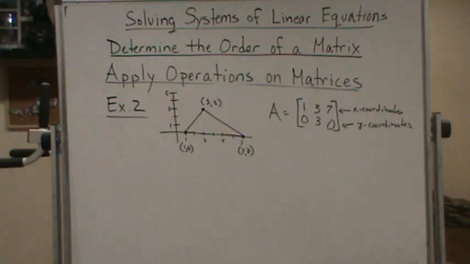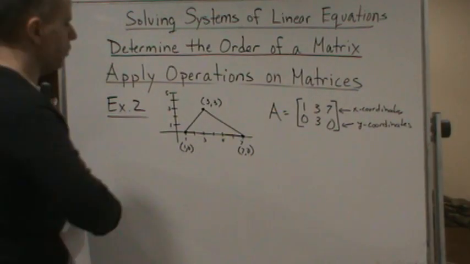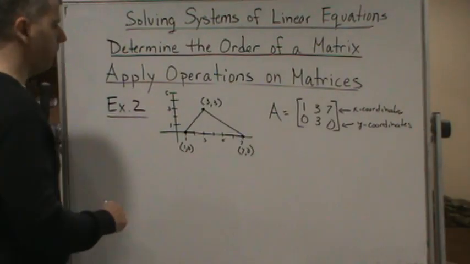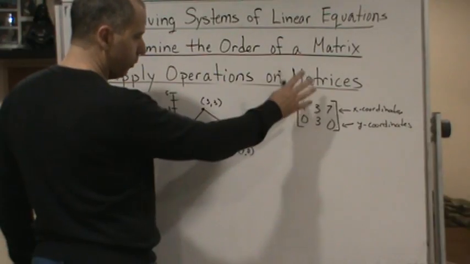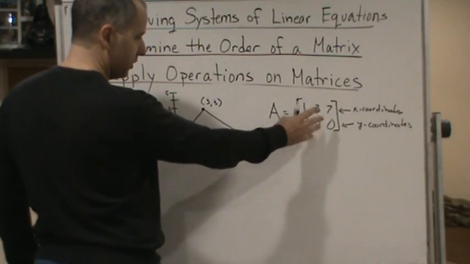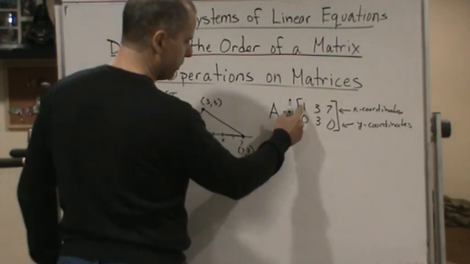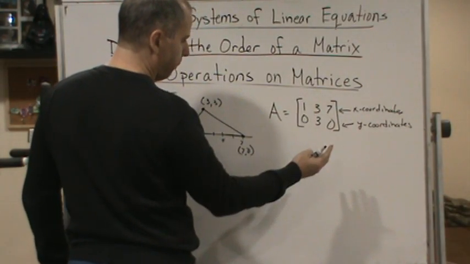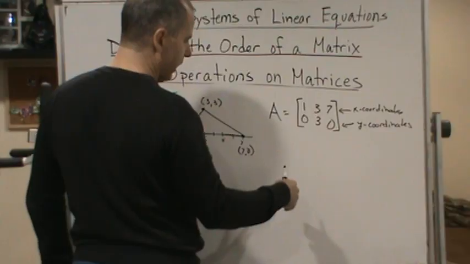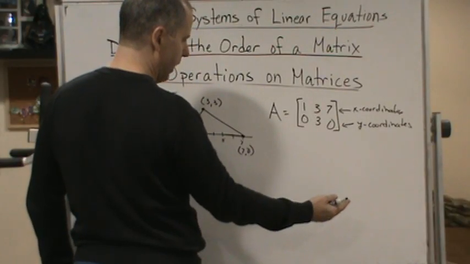Yep, 3 units to the left and 2 units up. Okay? So, how are we going to do that? Well, if we want to use addition of matrices to move these points, so this is each point, right? So we want to move the points 3 units to the left and 2 units up.